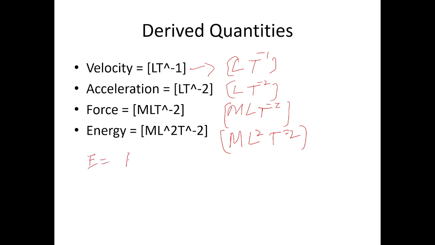Force and displacement is equivalent to the work. So the dimension of the force is MLT minus 2 and the dimension of d is L, so this L is square, so ML square T minus 2, that is the dimension of the energy or work.